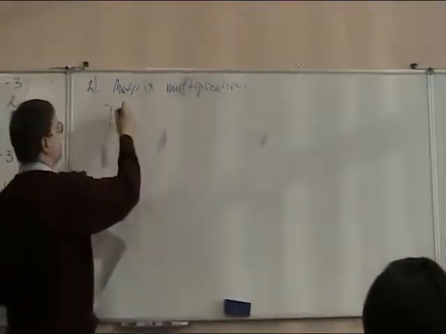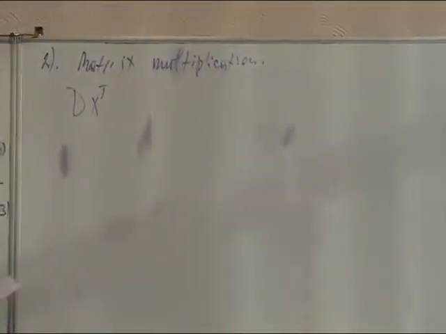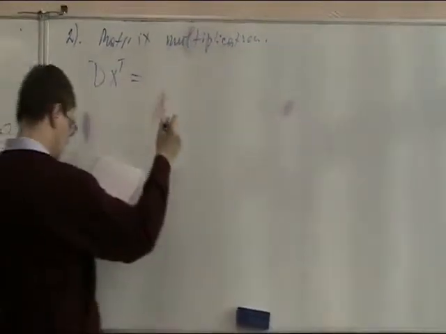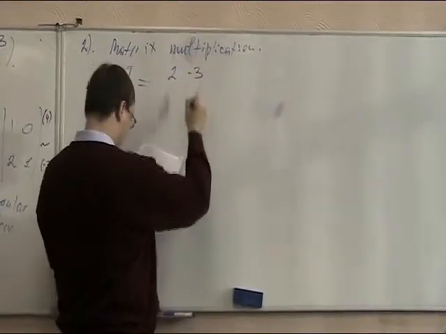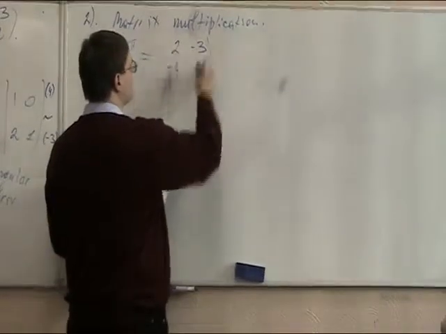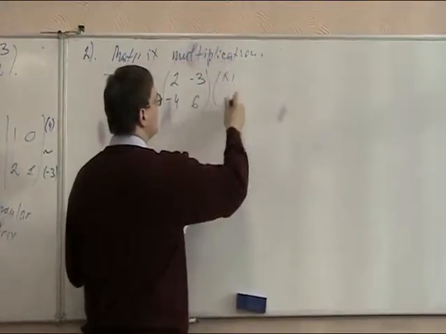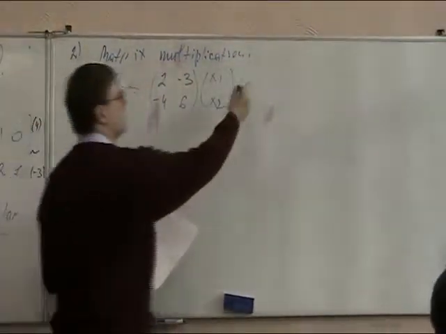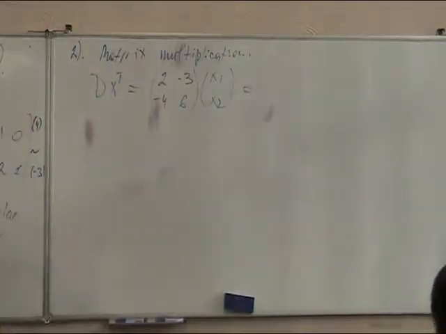We have matrix multiplication, and we used that when we multiplied matrix D by X transpose, which was 2, -3, -4, 6 times x1, x2. And you can write down the result yourself, I think.